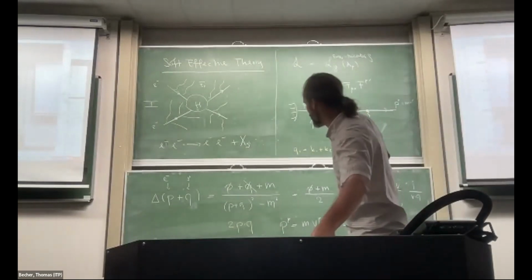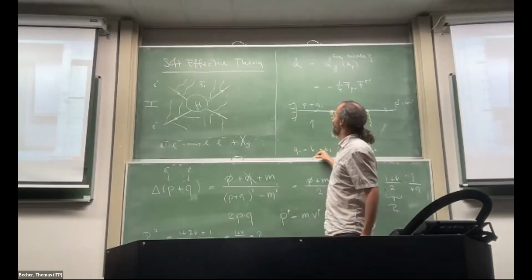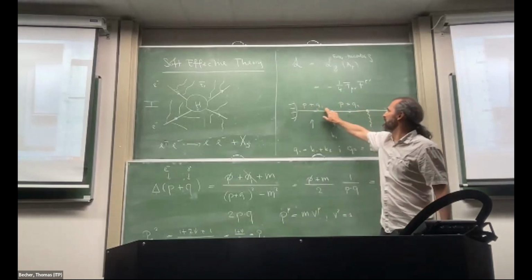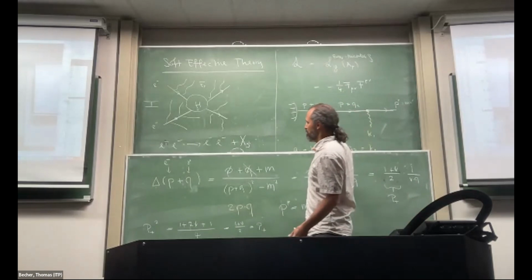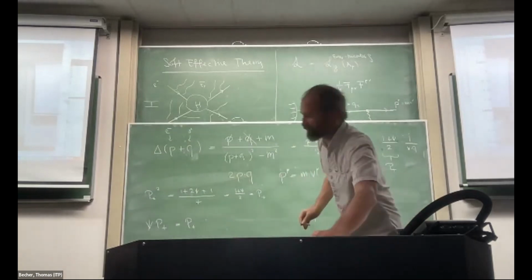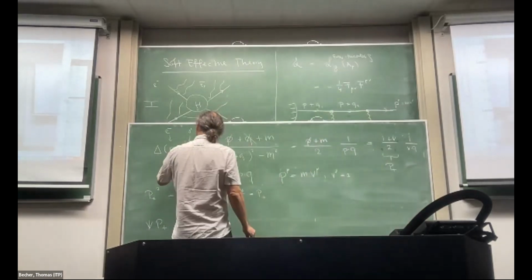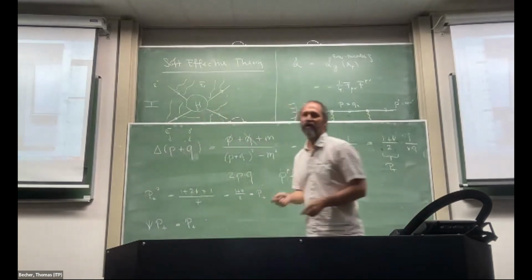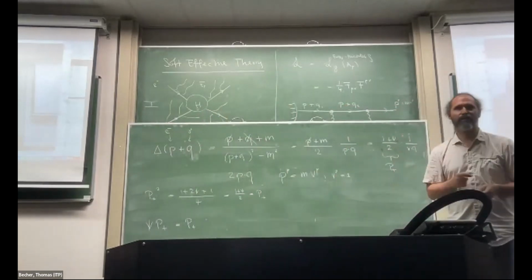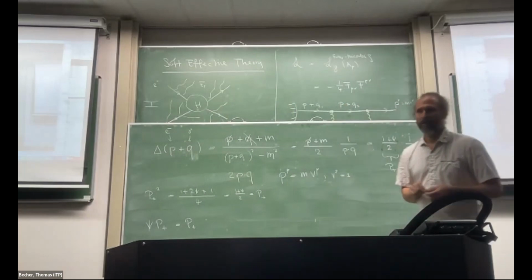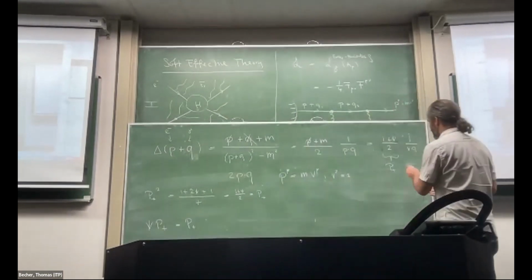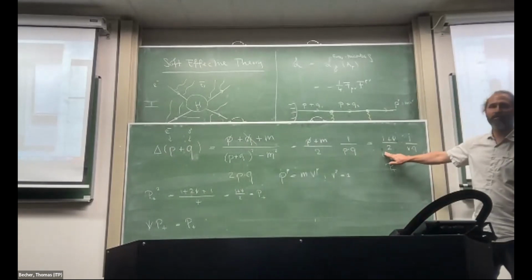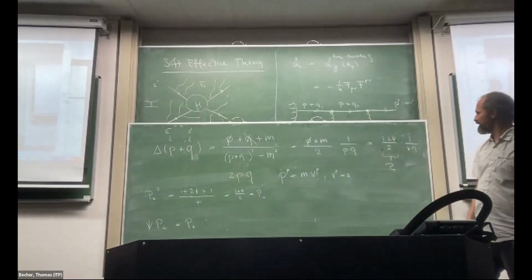And then in the computation here, I've picked one of these propagators, let's say this one, plugged in, and this yellow momentum here is very small. So now I'm Taylor expanding in the small momentum. And then I find this interesting structure here, that the propagator is simpler than the full propagator.